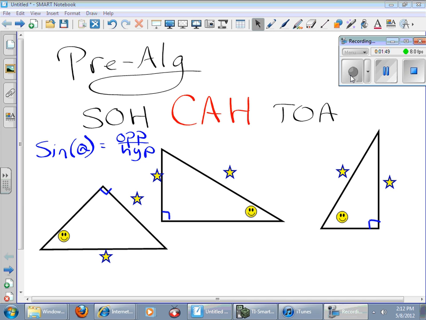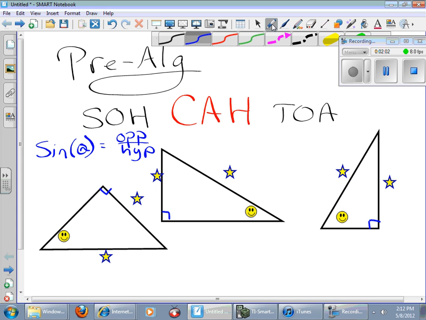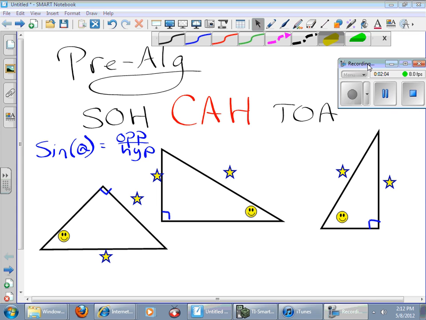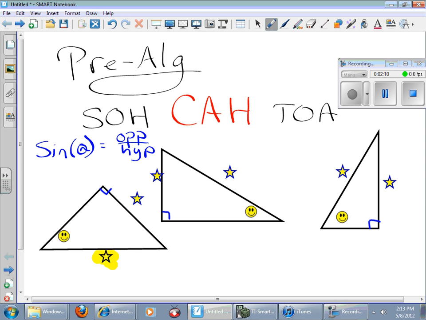Okay, so I'm going to look and see if I have the hypotenuse in the triangles that I gave you, and if I know the side opposite the smiley face or the theta. I'll do the hypotenuse in yellow. Yep, I know the hypotenuse. Do I know the side opposite? Well, let me go. Boom, it's opposite.